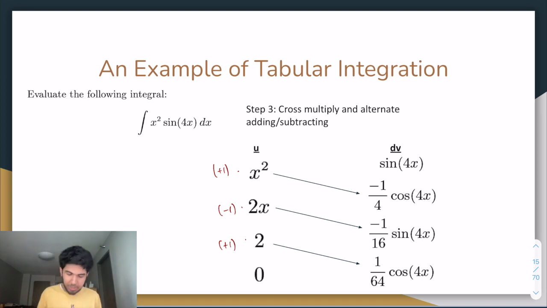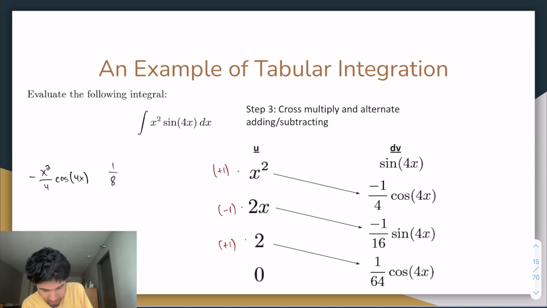So let's try computing all of that out. So positive 1 times x squared times negative 1/4 cosine of 4x gives us negative x squared over 4 cosine of 4x. Now we do the second term. Negative 1 times 2x times negative 1/16 sine of 4x. So that'll give us positive 1/8 sine of 4x, and there's also an x in there.